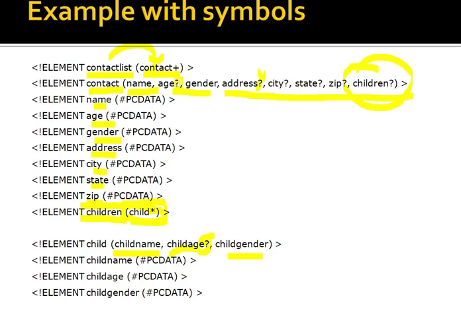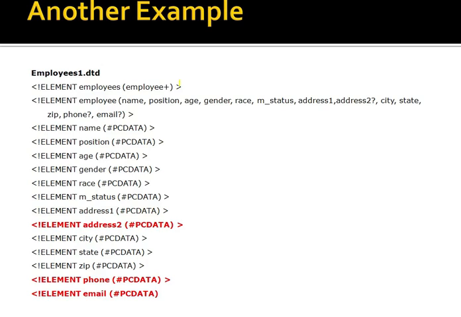A question mark means the child element can occur 0 or 1 time. If it is asterisk, 0 or more times. That is the difference. We'll take one more example of a DTD element with the symbol. Assume that this is a DTD file, and we have the plus symbol.